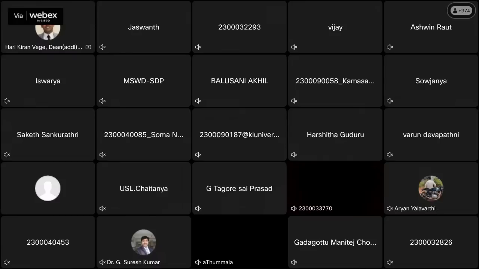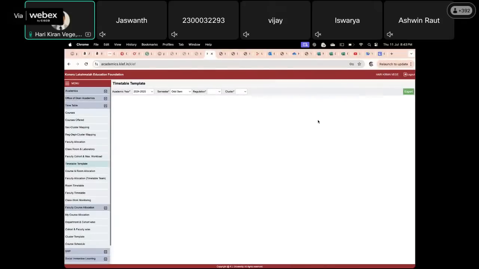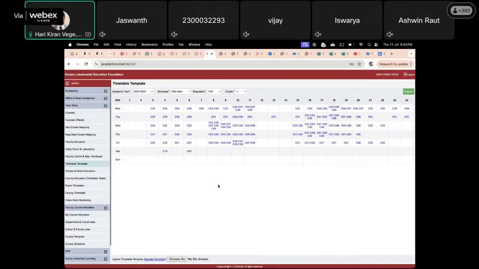All right. This is my login, so you will not see the options like this. But when you actually select the clusters, this is how you look at the 2023 regulation, cluster 1. This is how the template is, right?